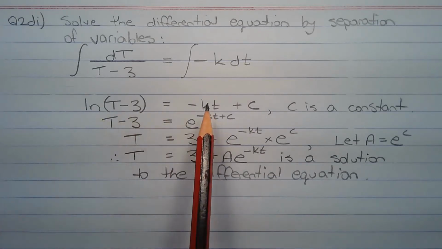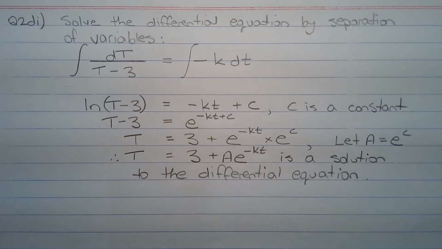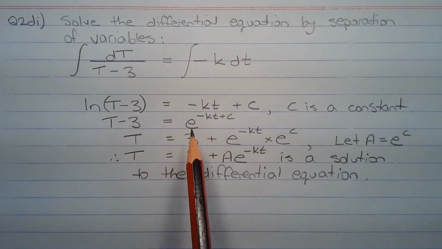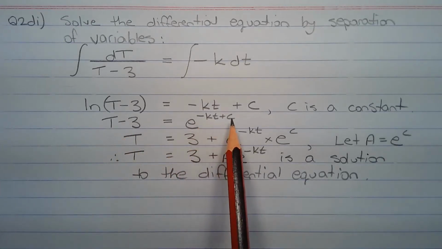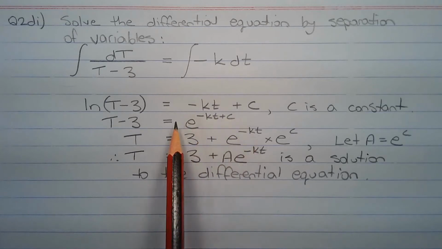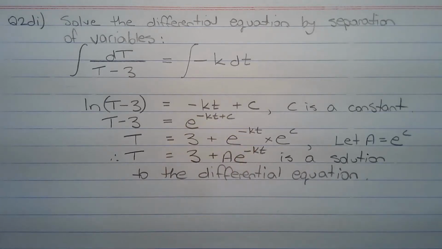Next, we raise both sides of this equation to base e. So we have T minus 3 is equal to e to the power of negative kt plus c. Adding 3 to both sides of this equation and splitting this term up by expressing it as a product of two terms of base e by applying one of the index laws, we have T is equal to 3 plus e to the power of negative kt times e to the power of c.